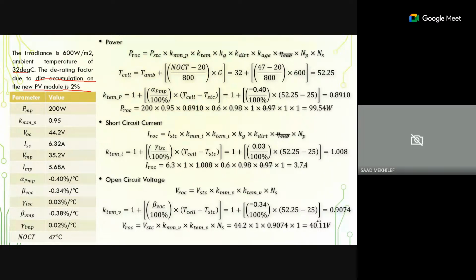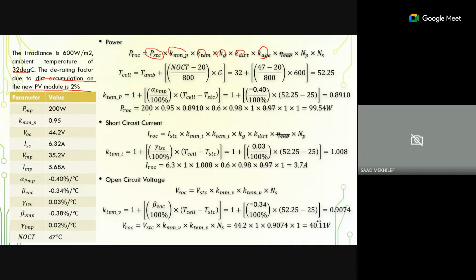So when we do the calculations, the total power is the power at STC, which is just now 250 watts, plus the derating factor due to temperature, plus the derating factor due to irradiance, the derating factor due to dirt, and the derating factor due to age. You see how many derating factors?